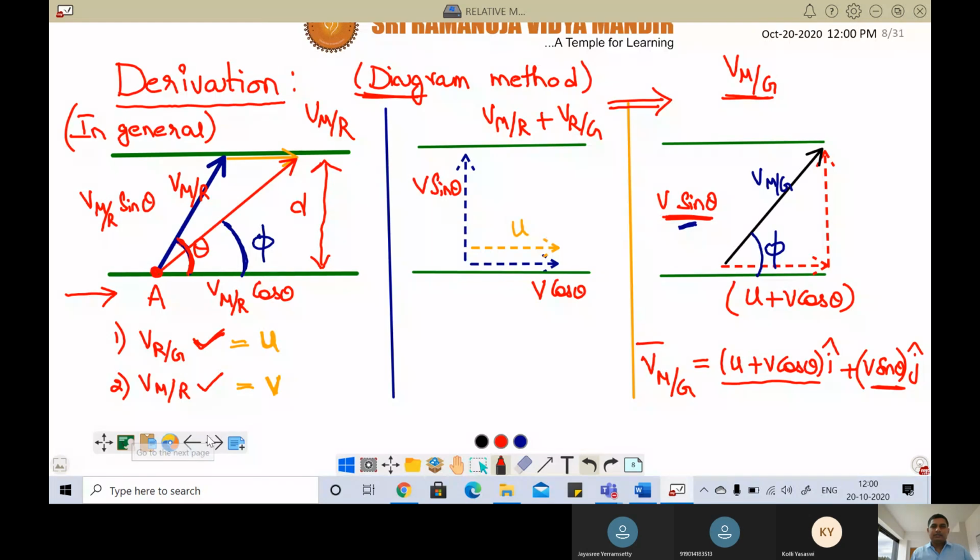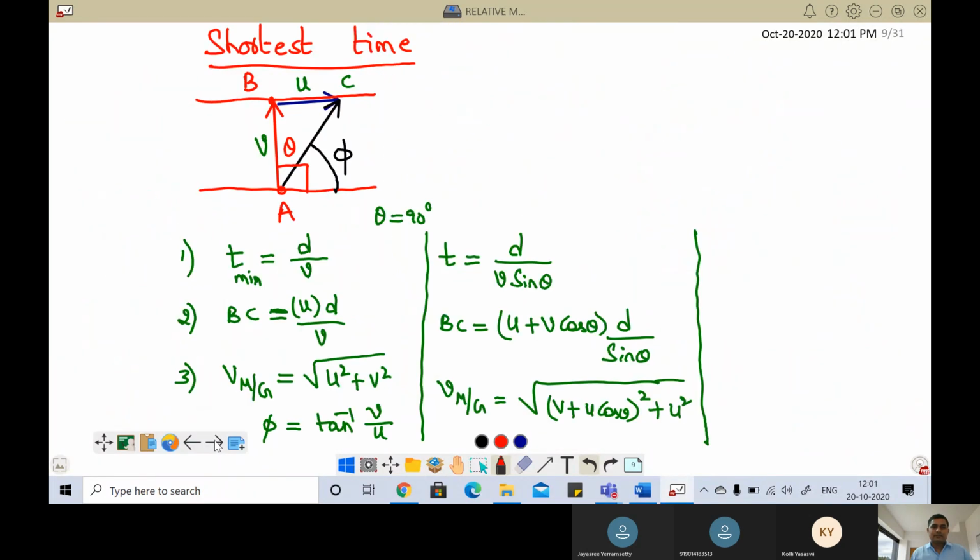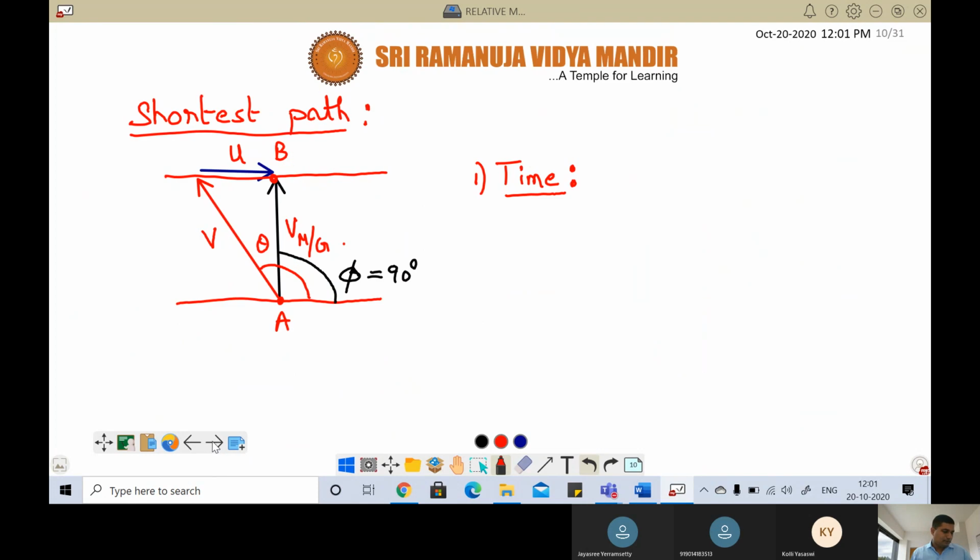Sir, previous one is d by v sin theta. Now I'm saying d by v cos theta. You have done it by the diagram method. Okay, let us see using the diagram method.